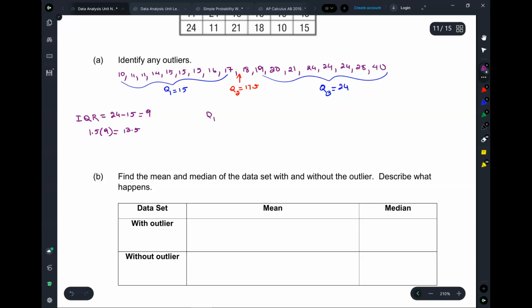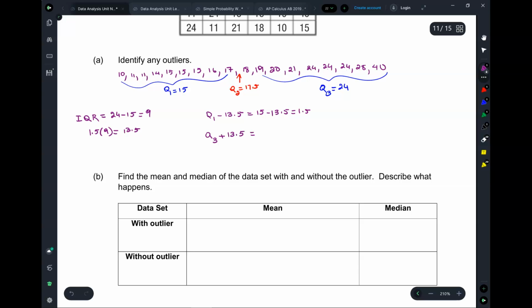Take Q1 minus 13.5. So here's Q1. If you go 13.5 over this way, what is that? 1.5. So 15 minus 13.5, 1.5. Take Q3 and add 13.5.